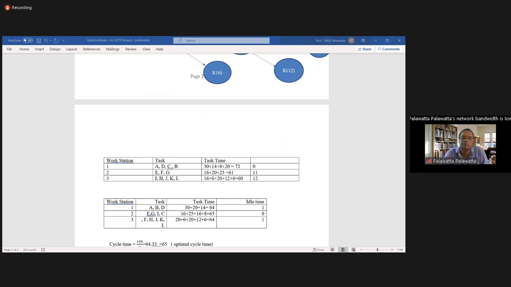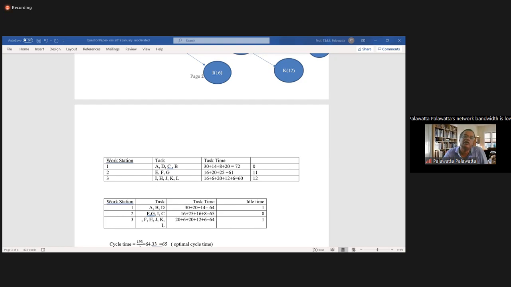So this 360 seconds is the total allocated time, minus 193, that's the value added time. So they have 167 seconds of idle time. And then balance delay.